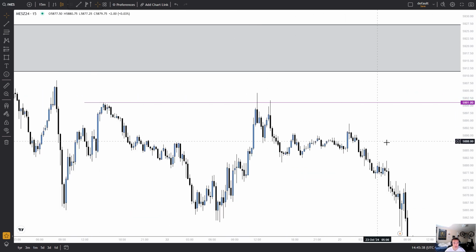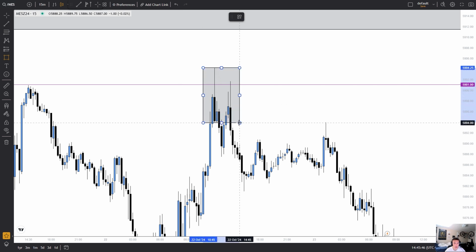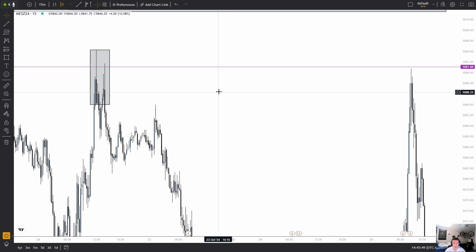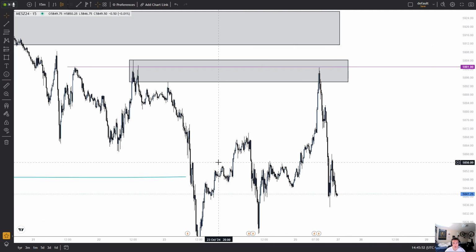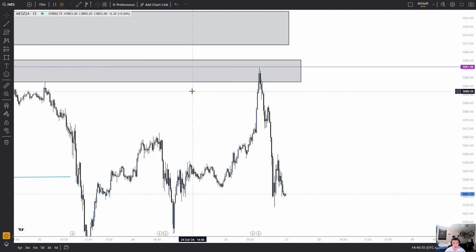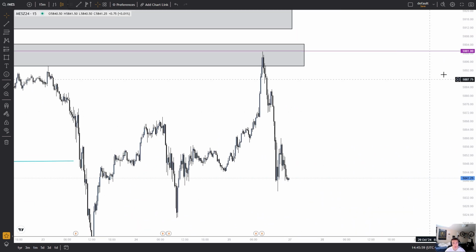If we look, we sweep out this liquidity with this leg right here. I know it's supposed to be a leg up, but still, just to get a point across. Where does price come back to? Right to an order block. And guess what we do? Come back once, boom. Come back twice, boom.